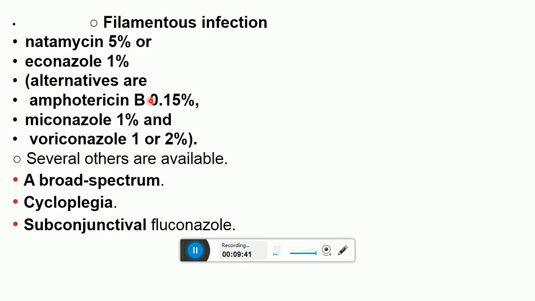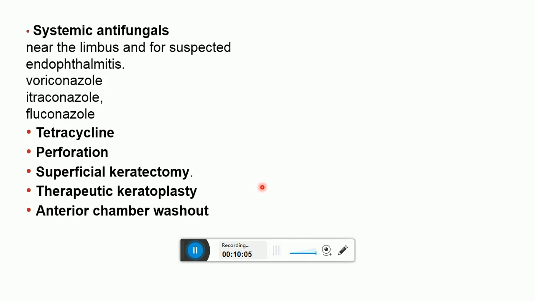Alternatives are amphotericin 0.15%, miconazole 1%, voriconazole 1 or 2%, and several others are also available. A broad spectrum antibiotic might also be considered to prevent bacterial co-infection. Cycloplegia is as for bacterial keratitis, and subconjunctival fluconazole may be used in severe cases.